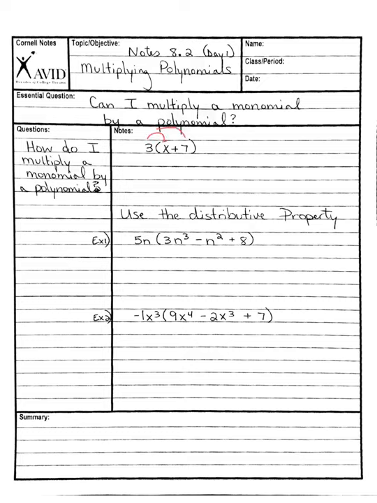So if we distribute 3 times x and we multiply that, I'm going to go ahead and write each step out. We're going to do 3 times x plus 3 times 7. The 3 is multiplied by everything. Your final answer on this one would just be 3x plus 21.